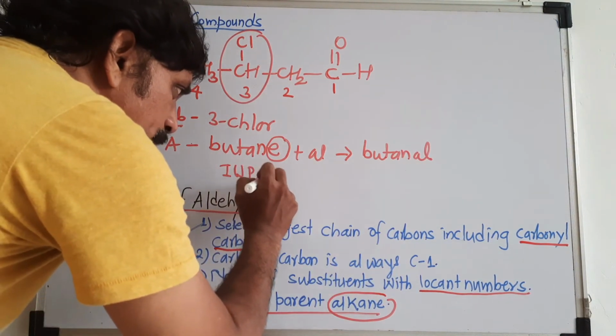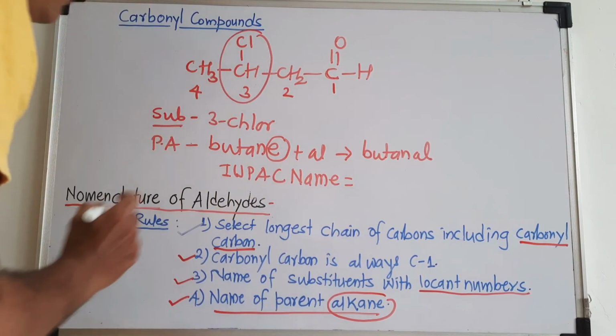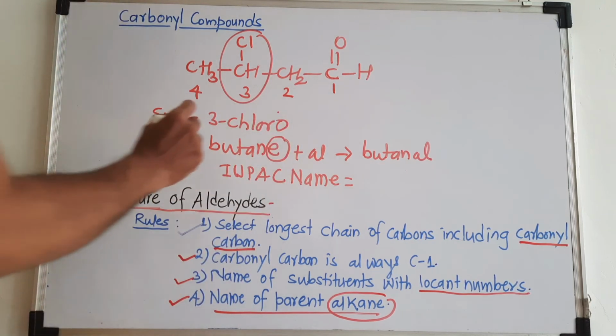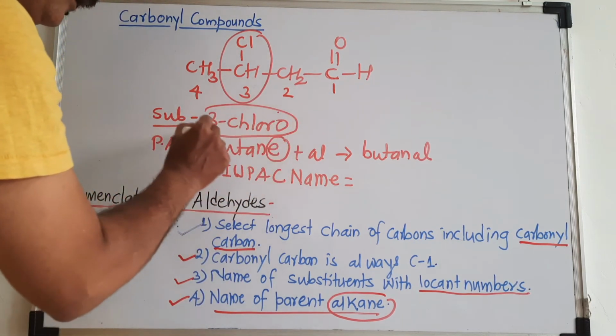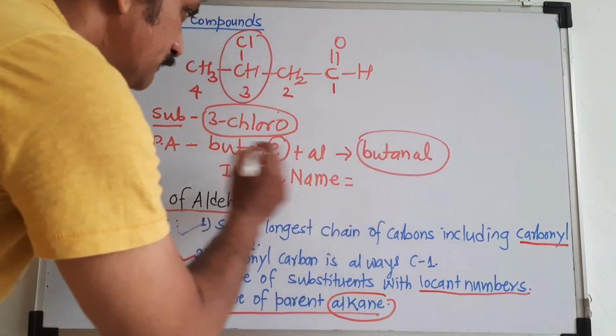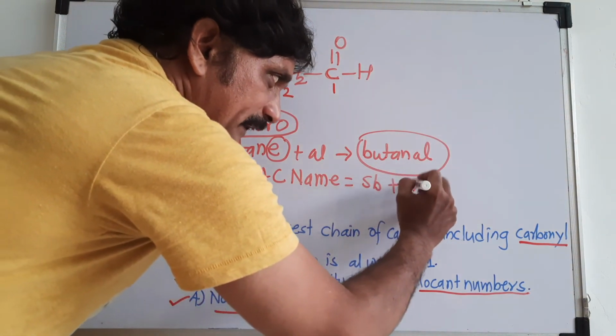So what is its IUPAC name? While writing the IUPAC name of any aldehyde, you have to arrange all substituents in alphabetical order and prefix them to the parent name. So what is it? Substituents plus parent alkane.